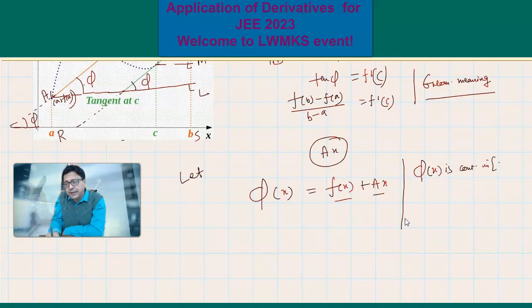is continuous in [a, b], phi(x) is differentiable in (a, b), and I am imposing another condition on phi here: let phi(a) equal phi(b). This is one condition on phi(x), this is the second condition, and let phi(a) equal phi(b).